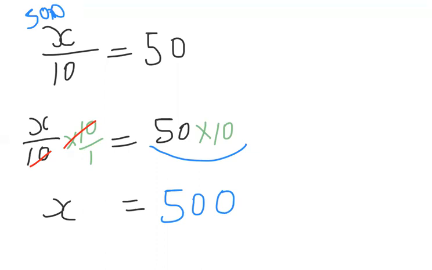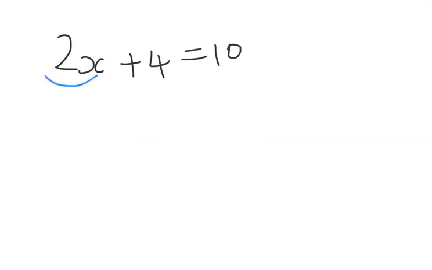Let's move to maybe add 2 things in one. So what I'm going to do here, I have 2x plus 4 equal 10. If you have a multiplication and there's a plus and another number, what we're first going to do, we're first going to get rid of this plus 4.